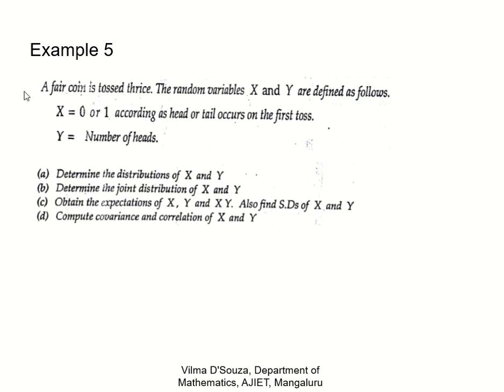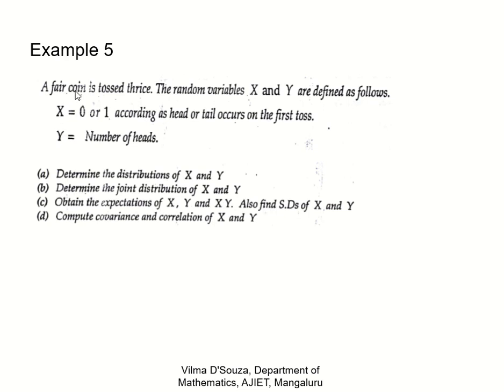So let me go through the question again. A fair coin is tossed thrice. The random variables X and Y are defined as follows. X equal to 0 or 1 according as head or tail occurs on the first toss. So try to understand properly.